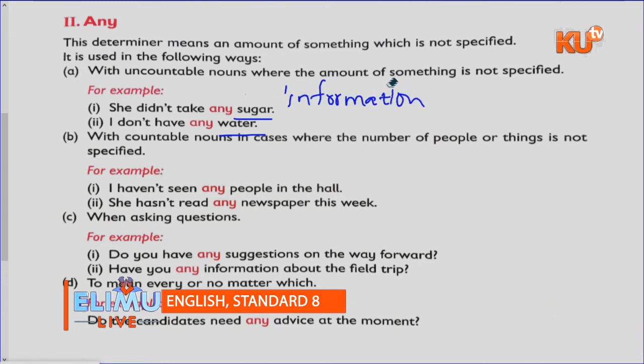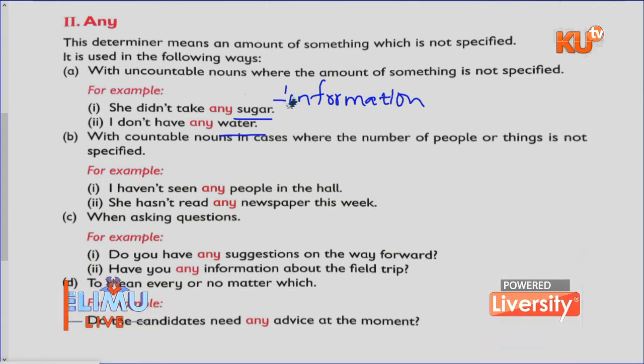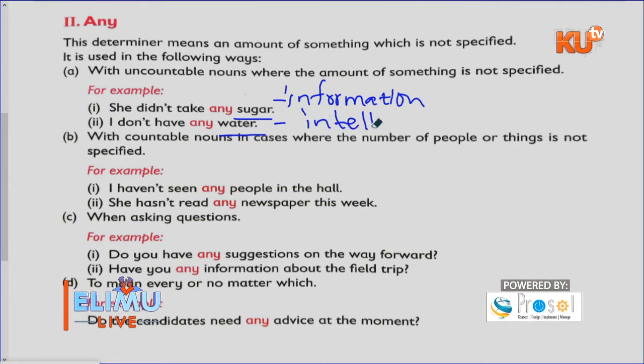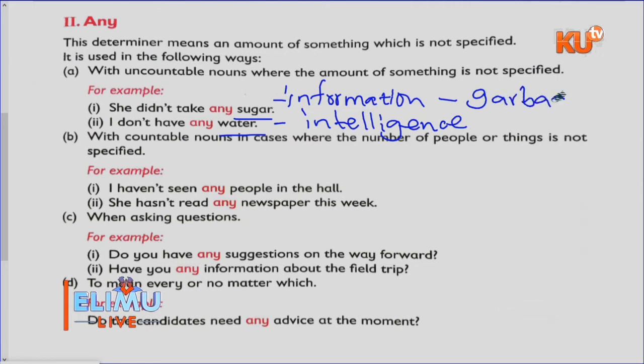You cannot count information. You can add intelligence, garbage, and advice.